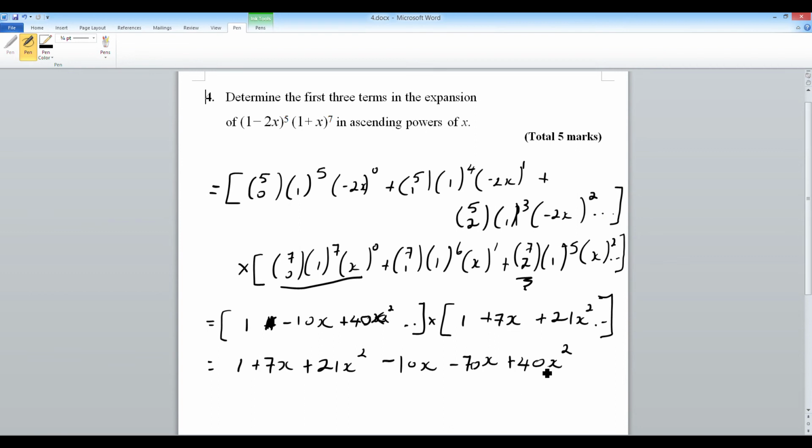But I'm not interested in anything higher than x squared because I'm only interested in the first 3 terms. So if I add all of these together, I get 1 - 3x - 9x squared. And these are the first 3 terms in the expansion of the 2 brackets.